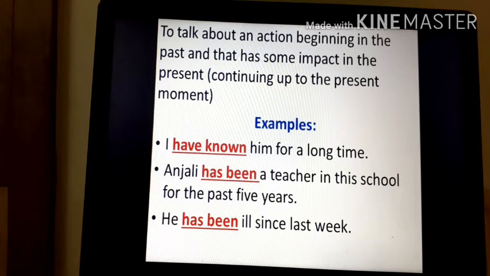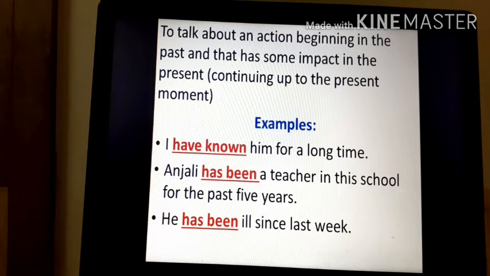Let's see some examples. I have known him for a long time. Anjali has been a teacher in this school for the past 5 years. He has been ill since last week. As you can see in the very first sentence, I have known him for a long time. It means I knew a person, still I know that person.